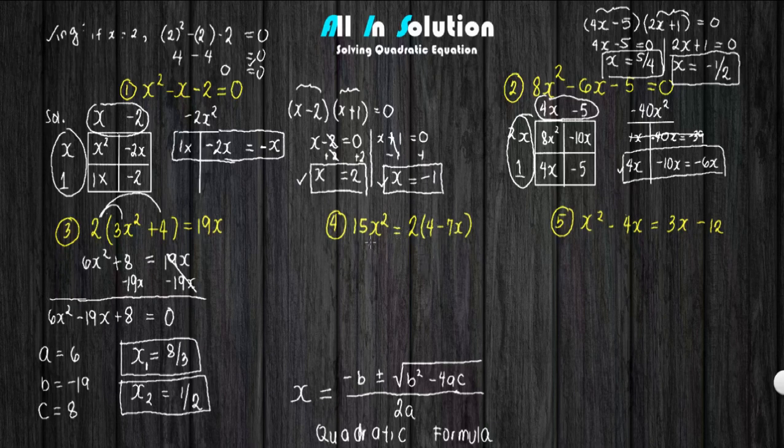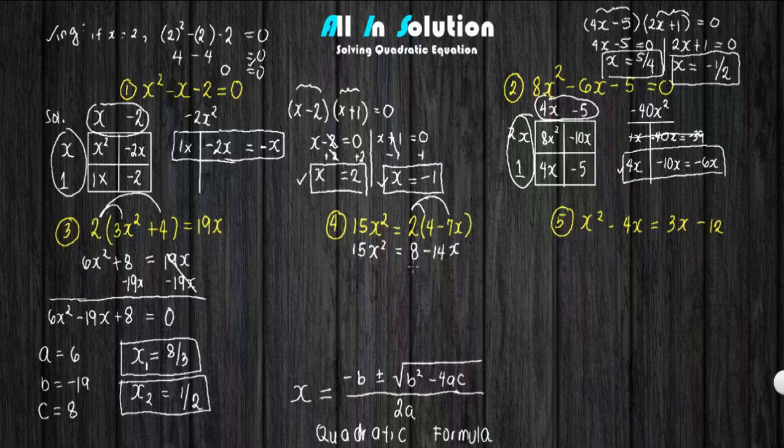Okay? So, let's try. So, we have here 2 times 4. And let me write first 15x dun sa left side. And 2 times 4 is 8. And 2 times 7 or negative 7x, that is negative 14x. Okay?